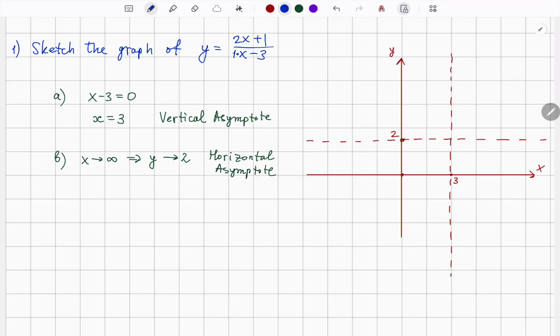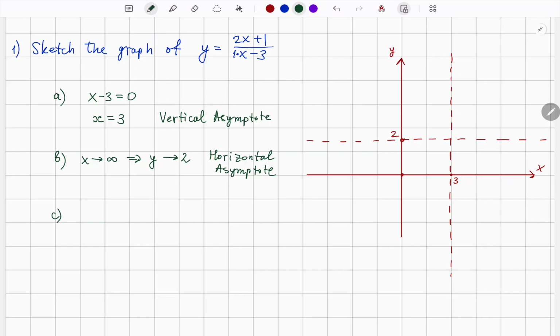I know the general shape of this type of function. It's a rational function. So it looks like this, or it looks like this. It consists of 2 branches, and there are only 2 ways it can look. To decide how exactly it looks, I have to choose a sample point.